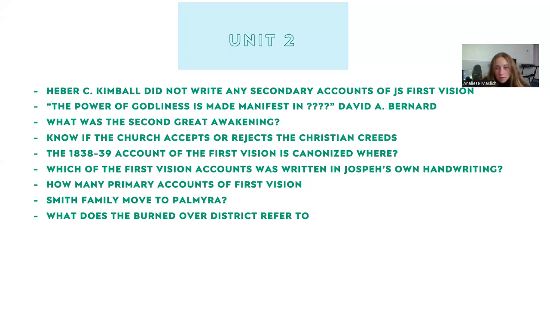Which of the first vision accounts was written in Joseph's own handwriting? A little hint for that one is it's the 1832 version. How many primary accounts of the first vision are there? Like, how many primary accounts were produced in Joseph's life? You're gonna need to know that. Sorry, I'm not looking directly at the camera.